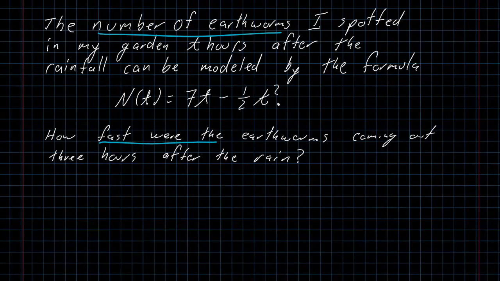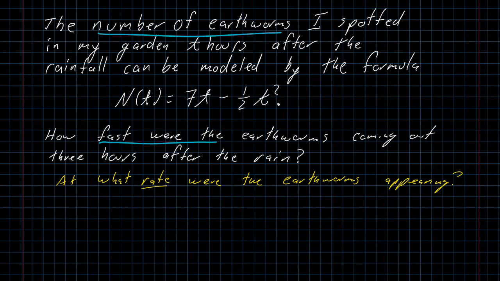It is, at what rate were the earthworms appearing? Well, mathematically, that's going to have to be n prime of t.